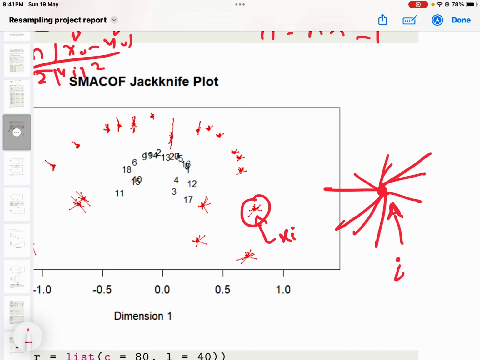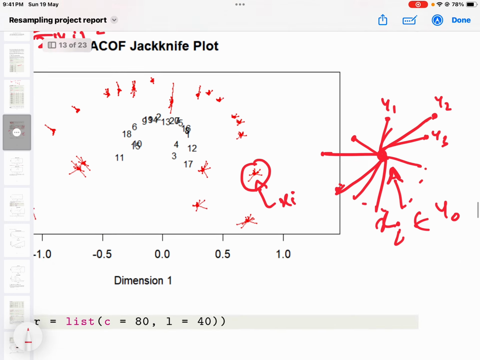This is the value of the ith point in the matrix y naught, and for every iteration this denotes the fluctuation of the point. Suppose this is the location of the point in iteration y1, this is the location in iteration y2, this is the location in iteration y3, and so on. So these are the fluctuations of the same point for different jackknife iterations.